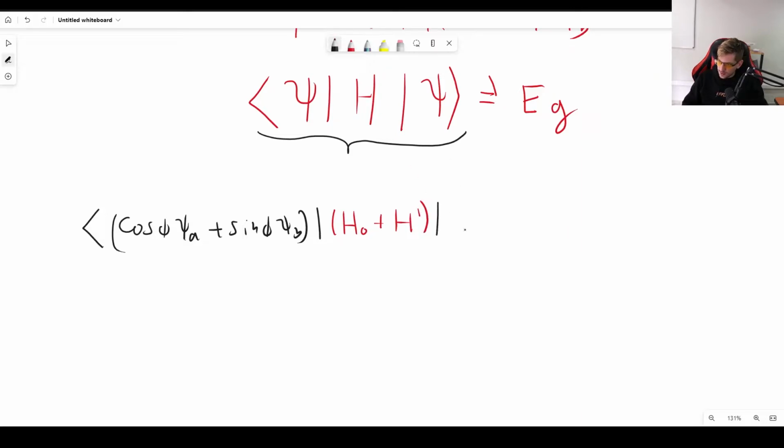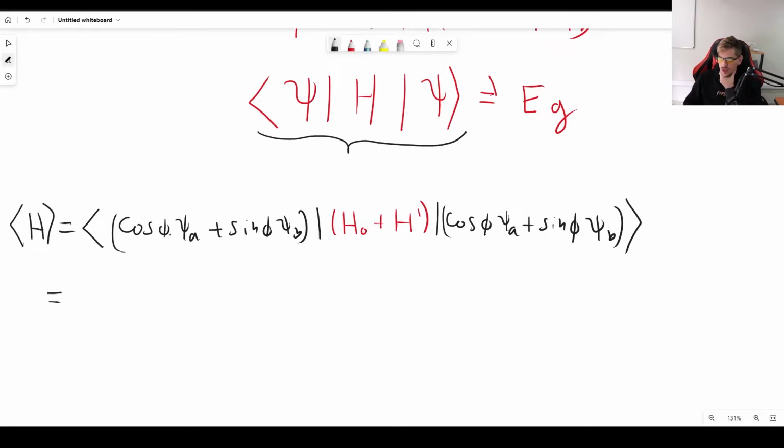And then we have the same thing. So cosine phi psi A plus sine of phi psi B. So we want to find what this is, right? This is the expectation value of the Hamiltonian. So now we have to multiply it through.